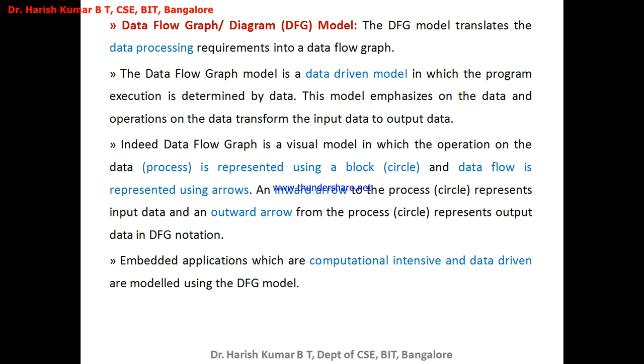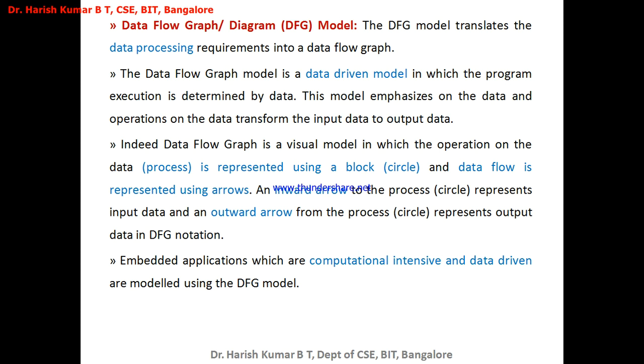Now how the data flow diagram is written, or data flow graph is written. So there are notations used to write the data flow graph. So usually the processing or the computation in the data flow graph or the data flow diagram is represented by using a circle, and the communication between one process to the another process is represented by using the arrows.